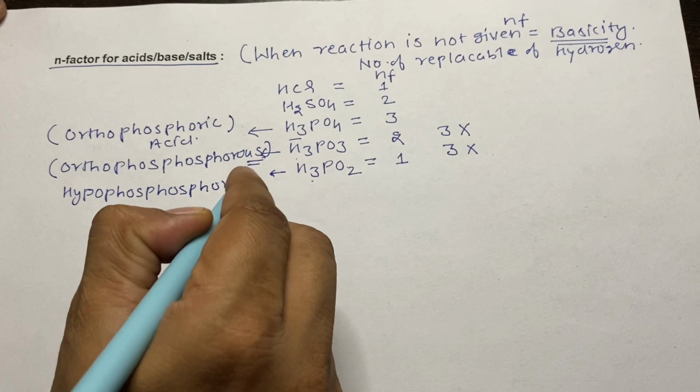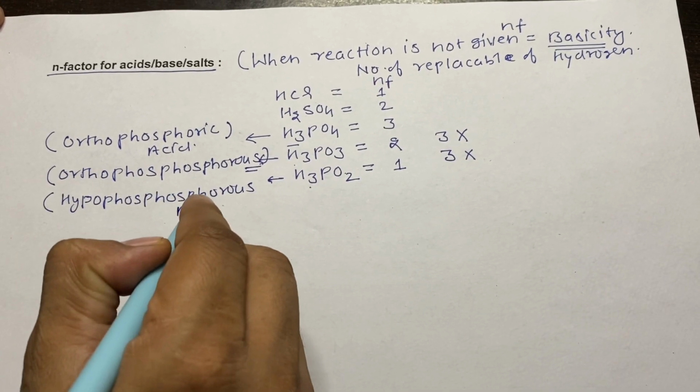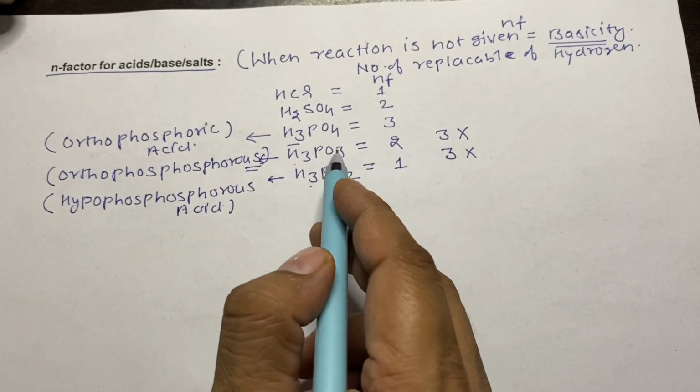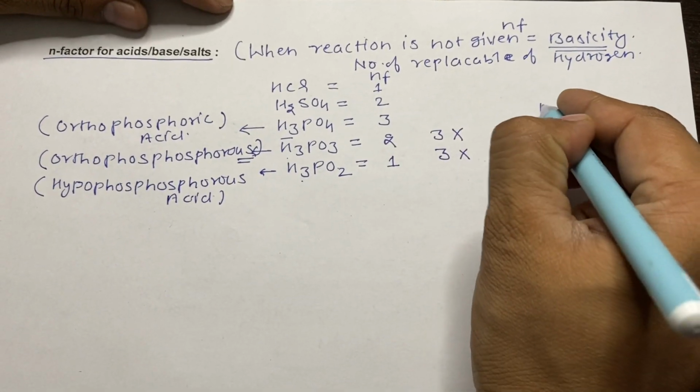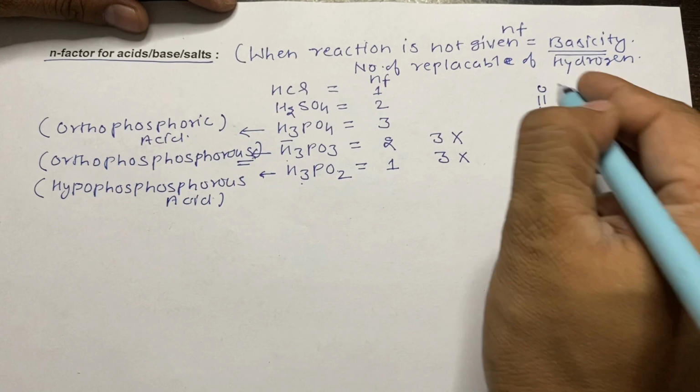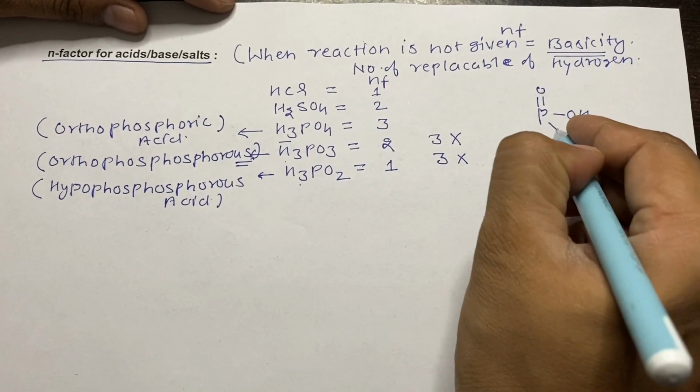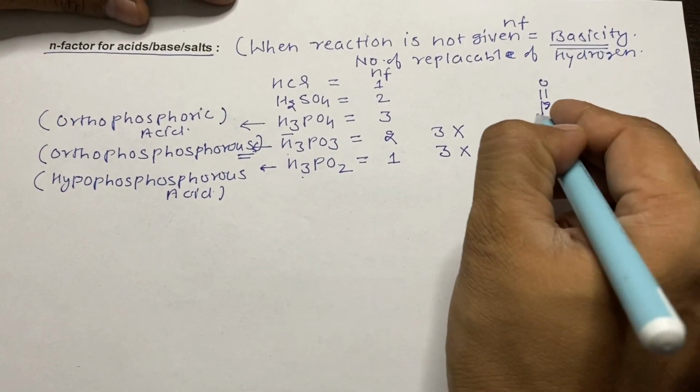The n factor of these is calculated by drawing their structures, because when we draw the structure we will find the basicity of these.